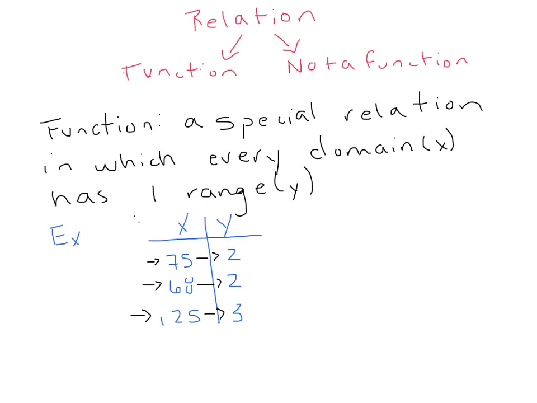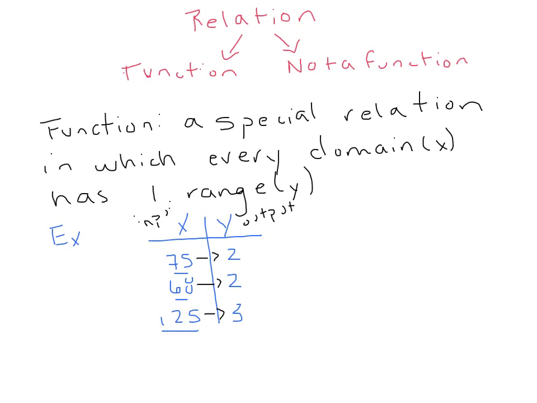X is like our input and y is like our output. I would say that yes, this is a function because every x has one and only one y. We look, 75 only goes to 2. 68 only goes to 2. 125 only goes to 3. It's okay that the 2 repeats in the y because the x has only one y. The 68 has only one y.